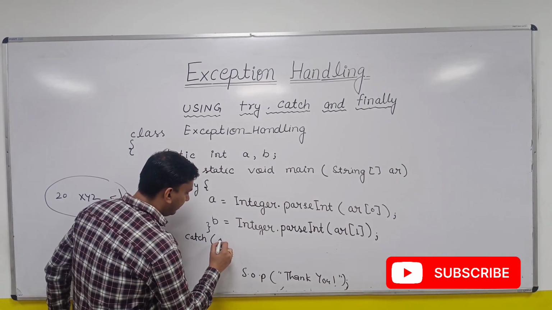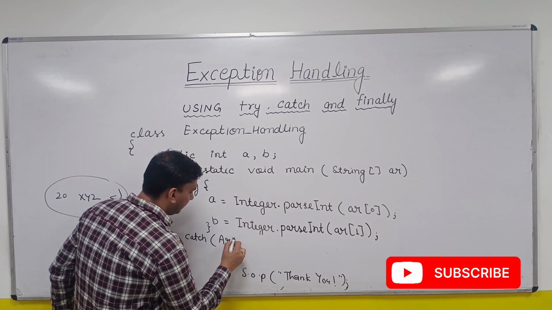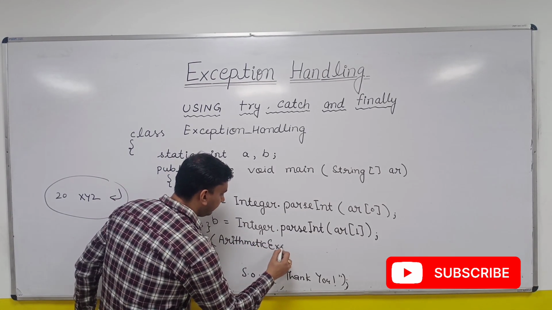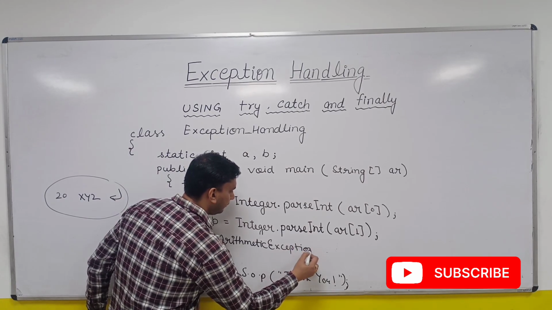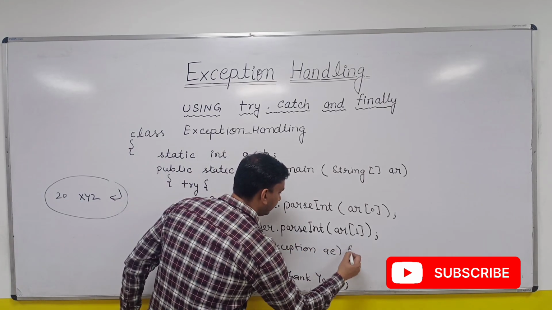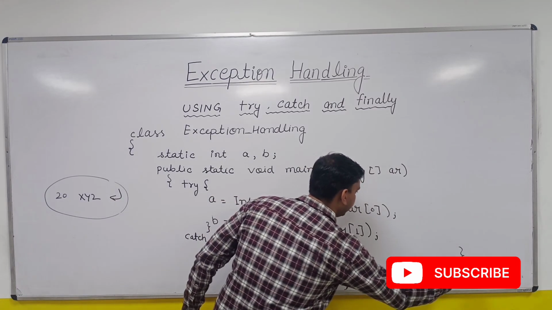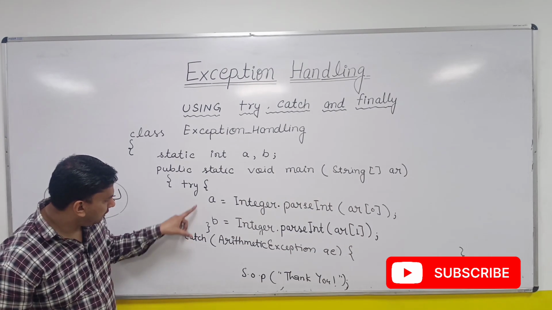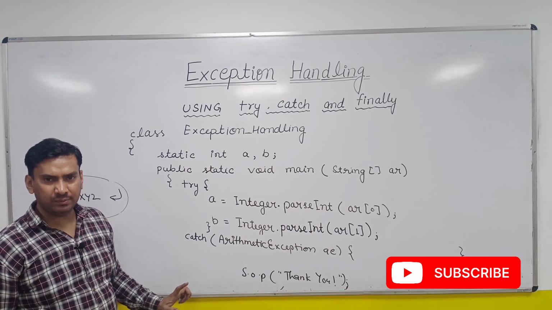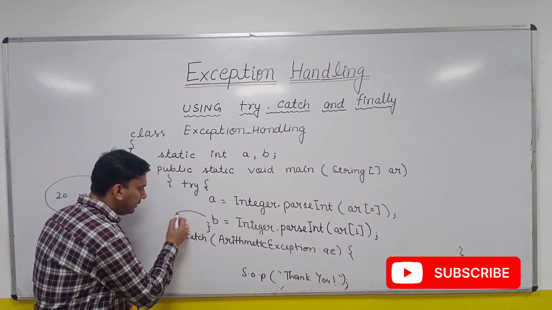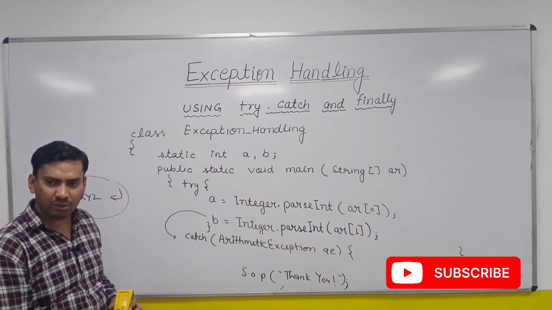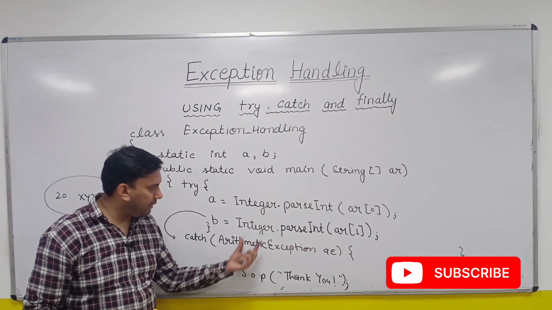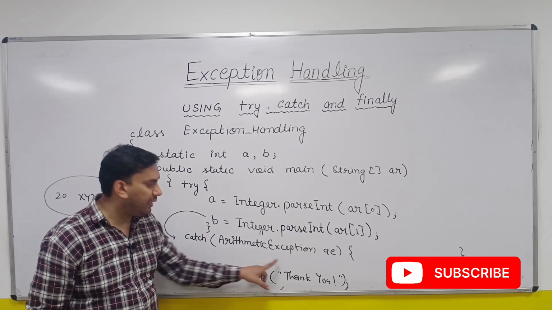Let's say I have written arithmetic exception. So see here, I have written this try block, and to accompany it I have written a catch block. Now if number format exception is thrown, it will keep on searching for a catch block. It will find one, but is it suitable for handling the number format exception? It is written here arithmetic exception.